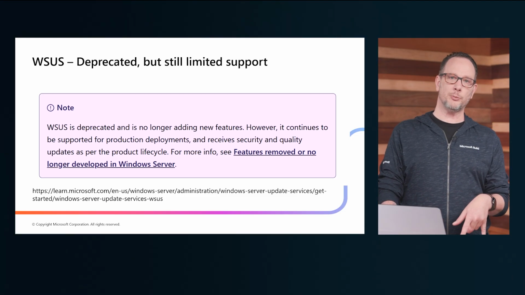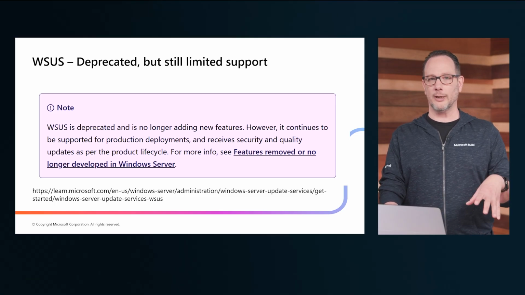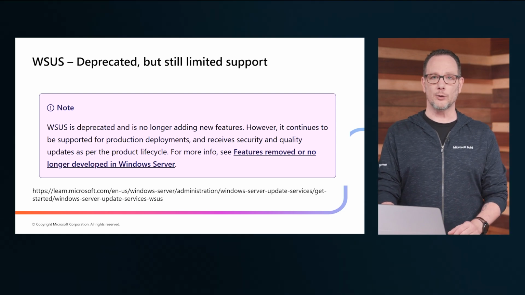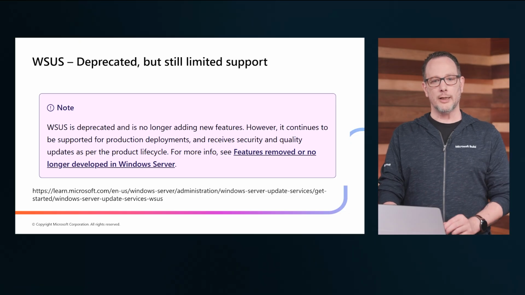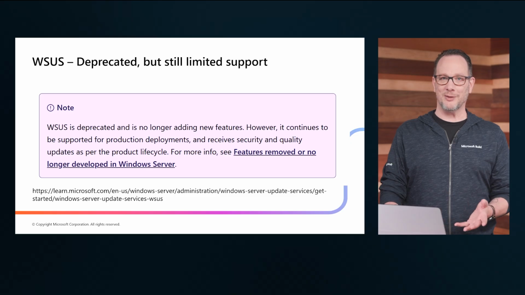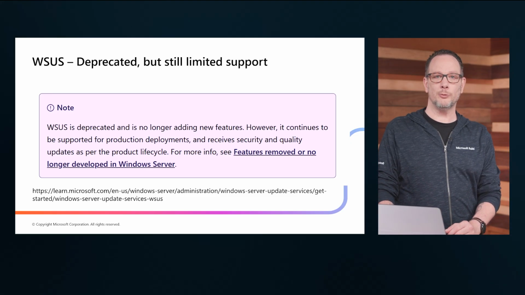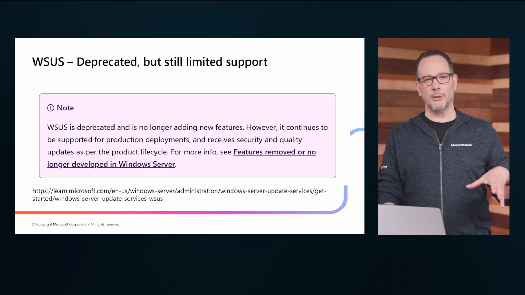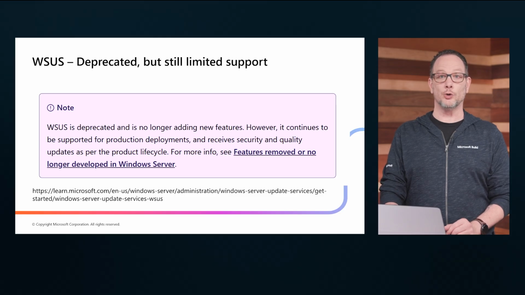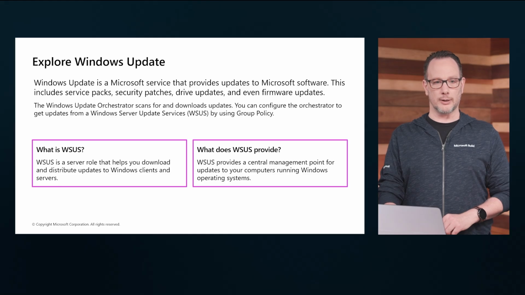The deprecated piece means that the platform, again, it's like a 15-year-old tool, is still working and still doing a really good job, but it's not getting updated anymore. I could almost say that it's so good, so stable, that the version doesn't really need to be changed anymore. And it's not really about the managing aspect or the interfacing. It's really about what it can actually do for my servers.